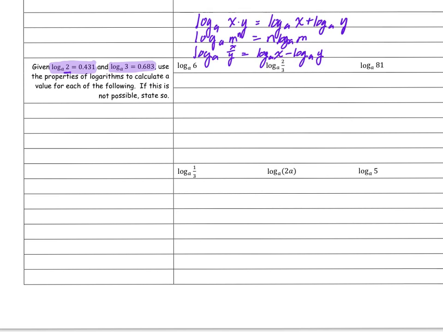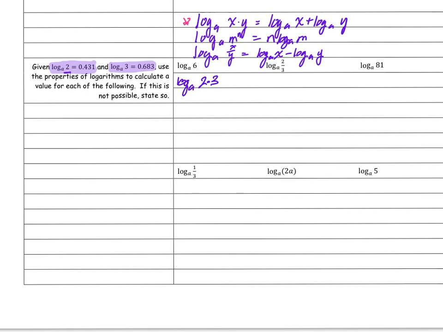Okay? So can I rewrite 6 in terms of 2 and 3? Well, yeah, I can say log base a of 2 times 3. Is that not 6? Is that still equivalent? Yeah. So how can I rewrite times? Times is this rule right here.